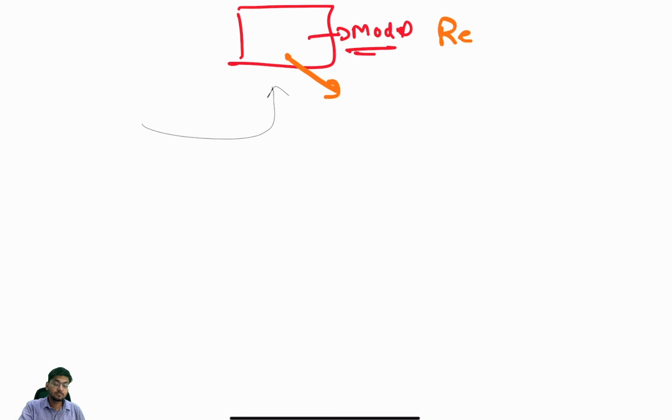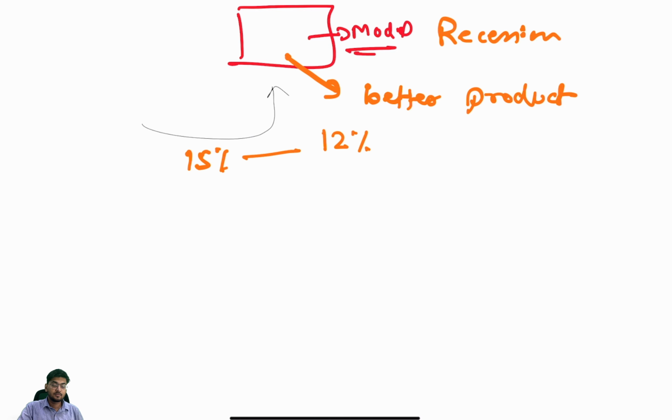One is the recession, and another one is the better product of your competitors. Still you adjust your forecast to 12%. Still you say that okay, my revenue will increase by 12%, not 15%. Why? Because you are anchored to your original numbers. Still you are connected with what you have prepared before, so you don't want to make it go downwards.